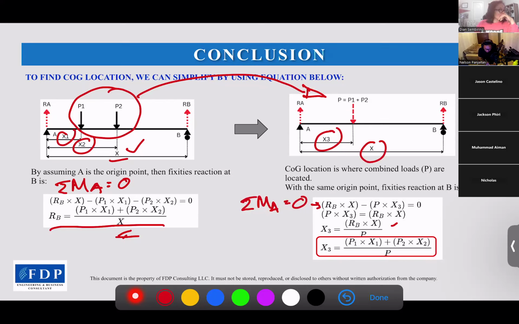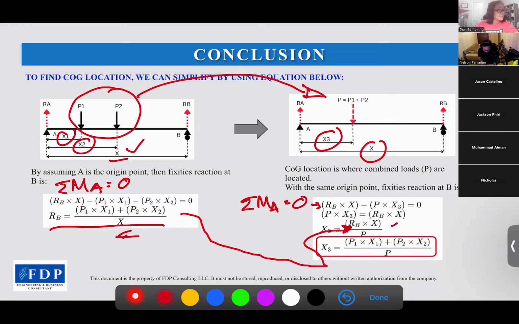We get RB here and put it here: P1 times x1 plus P2 times x2 divided by x.